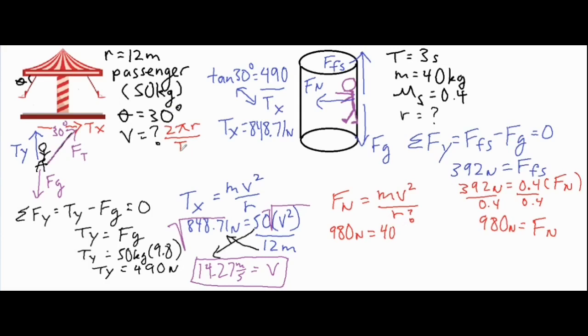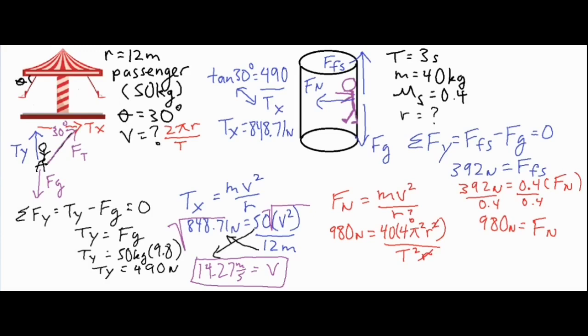So what I want to do is use this substitution right here. So velocity equals 2 pi r over t. So I'm squaring it, which is going to make it slightly more complicated. So if I'm squaring everything up from 2 pi r, 2 squared is 4. Pi is squared, r is squared, and then because it's divided by t, the t squared is going to drop down here, and then we still have this r, that's from the original part of the mv squared over r, so one of these r's is then going to cancel out.